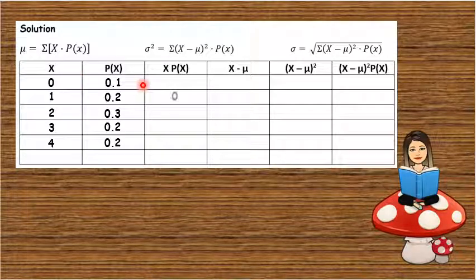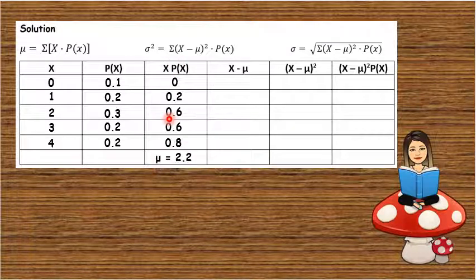So, 0 times 0.1, syempre, it's 0. 1 times 0.2 is 0.2. 2 times 0.3 is 0.6. 3 times 0.2 is 0.6. And 4 times 0.2 is 0.8. Since we have to get the sum, kasi nasa formula yan, summation. Get the sum of the products. Kunin natin yung sum ng lahat na to. And the sum is 2.2. So, meron na tayong value ng mean or mu, which is 2.2.